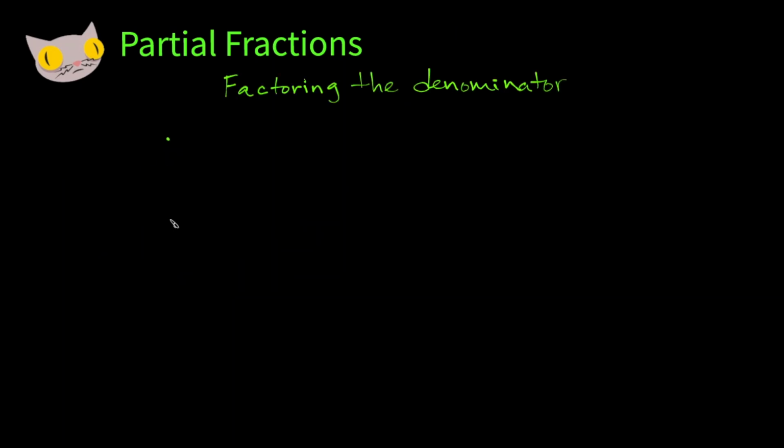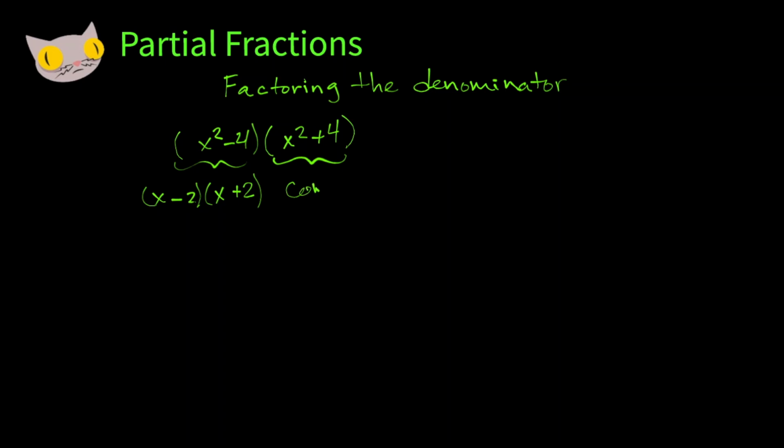If you come across something like this, say you have x squared minus 4 times x squared plus 4 in your denominator. Here, this can be factored into x minus 2, x plus 2. While this one, you're going to get some complex numbers.